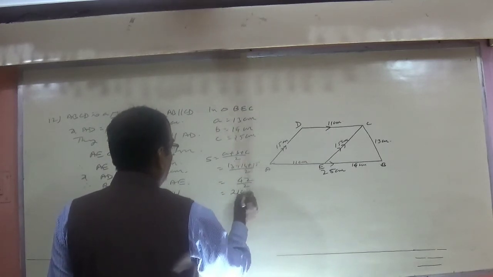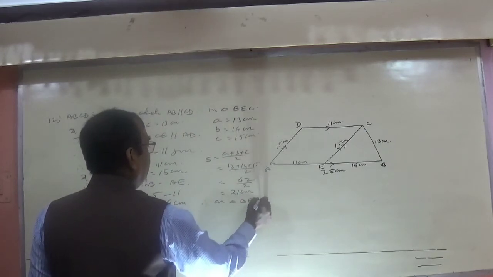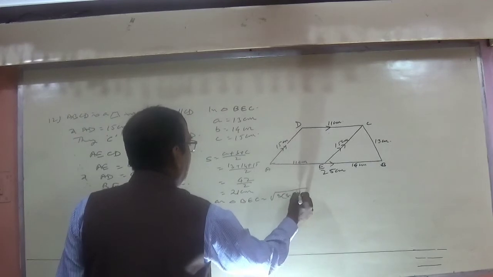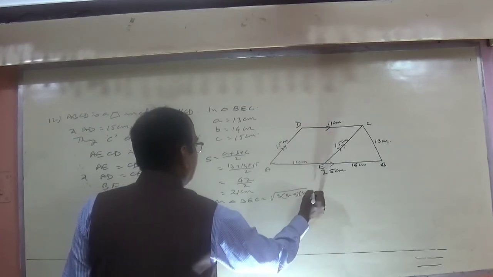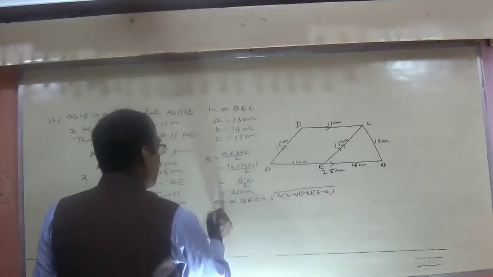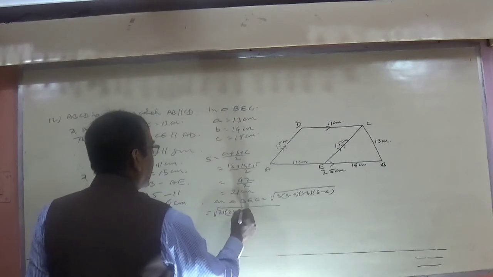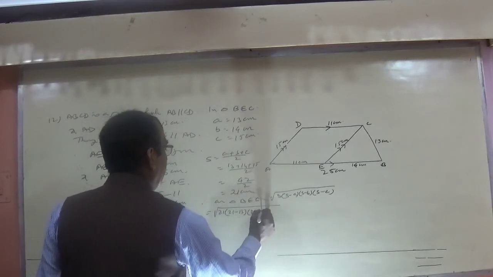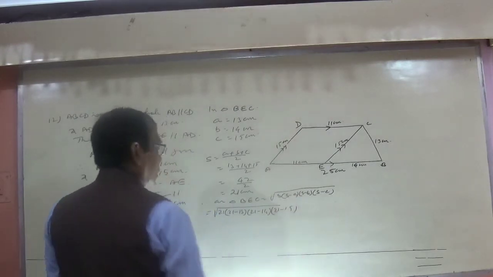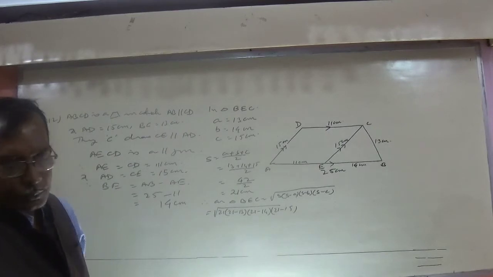which is equal to 21 centimeter. So therefore, area of triangle BEC is equal to the formula under root of s into s minus a, s minus b and s minus c. Substitute the values, which is equal to under root of 21 into 21 minus 13 into 21 minus 14 into 21 minus 15. Okay?